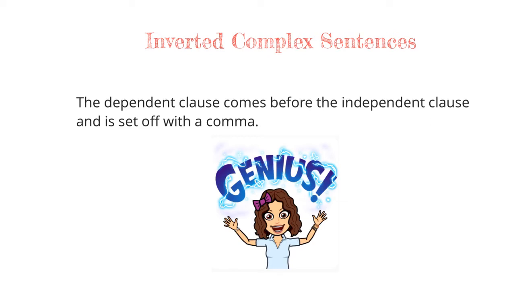Now, a complex sentence can be inverted to create an inverted complex sentence. This is when the dependent clause comes before the independent clause and is set off with a comma. This is genius. Why is this genius? Because it will help you with transitioning between sentences without using words like first, second, third, therefore.